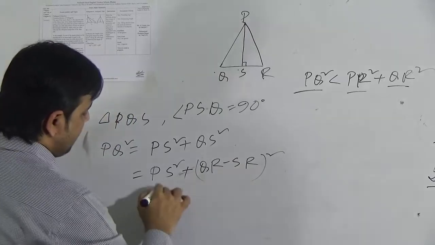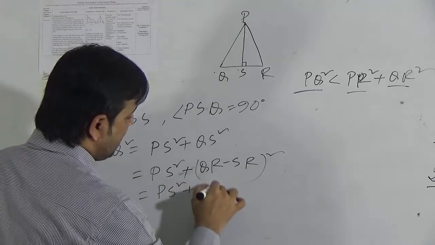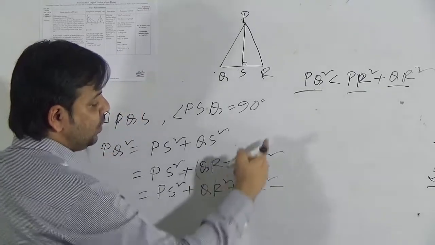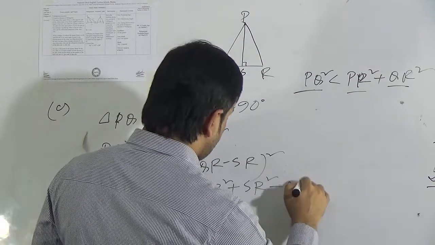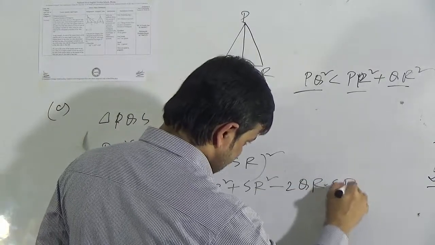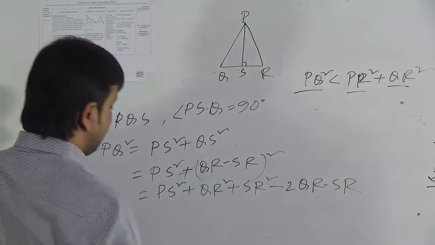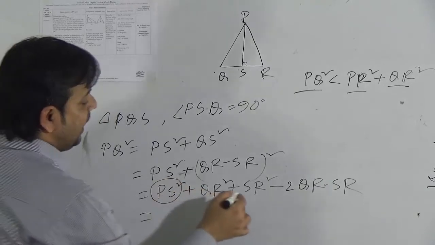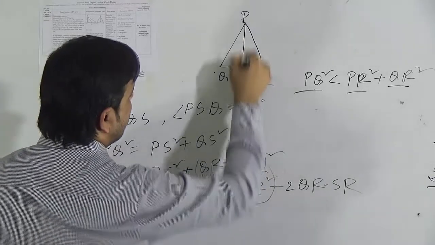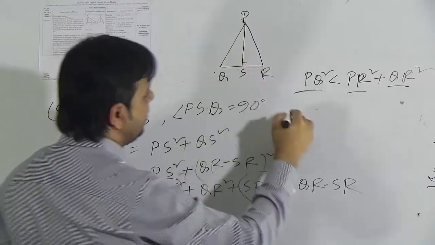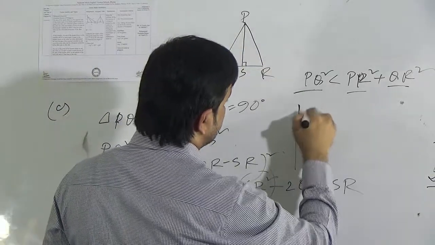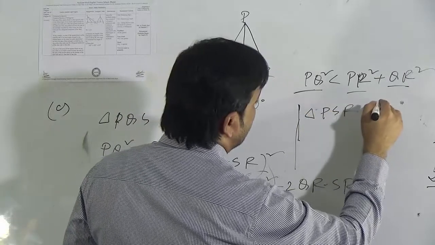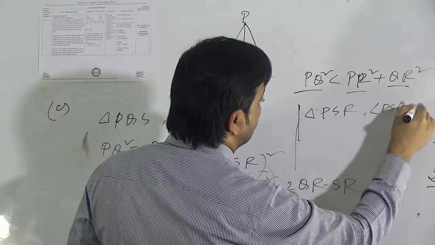So we can write here PS square plus QR square plus SR square. Applying the formula of A minus B whole square, we can write here 2 QR into SR. Now if you notice here, PS square and SR square. If you consider the triangle PSR here, angle PSR will be equal to 90 degrees.